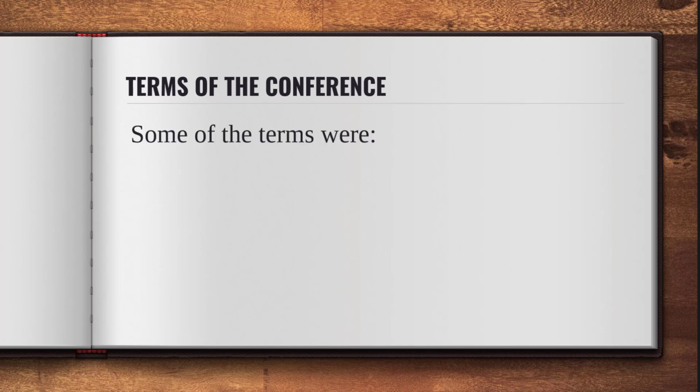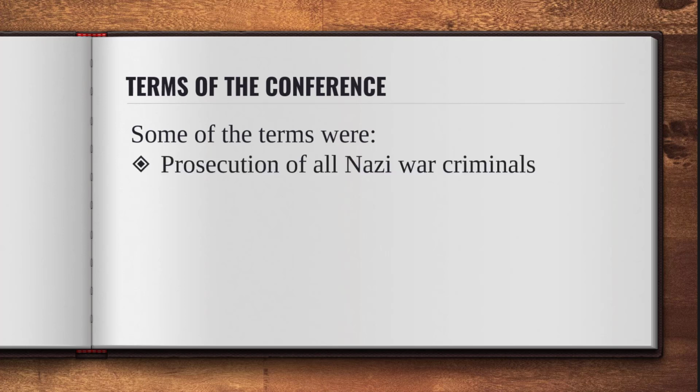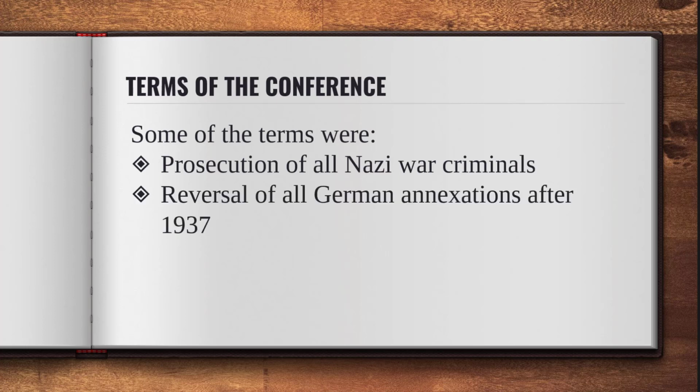Some of these terms, not all of them, but some of them, were that they were going to prosecute, they were going to put on trial all of the Nazi war criminals, anyone who was involved in war crimes. They had to reverse or undo all of the German annexations after 1937.